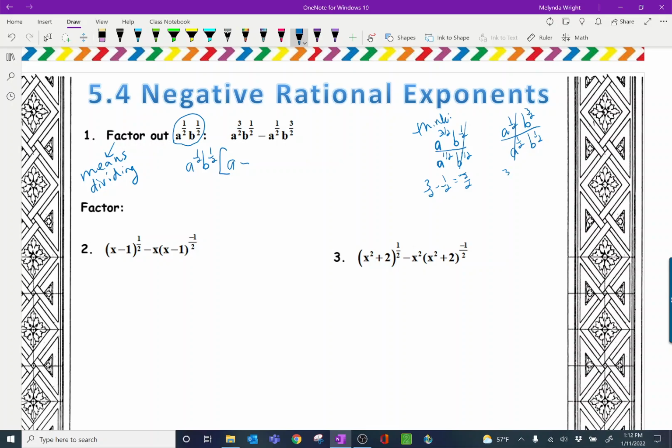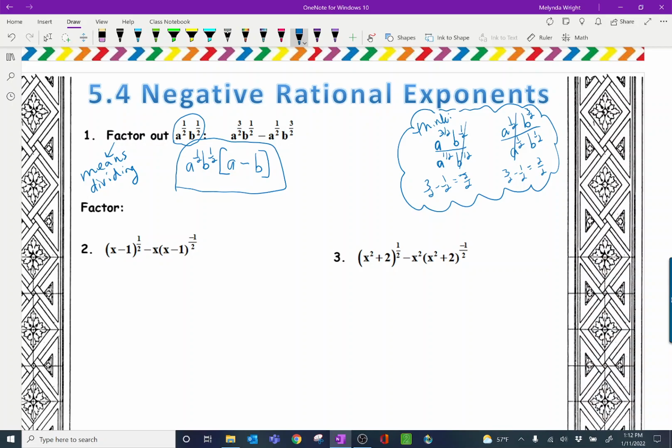So we would say 3/2 minus 1/2 is 2/2, or 1. And so that's the thinking that we would go through in order to complete this task. I'm just going to put those in bubbles. You don't have to write all that out. I just want to help you think through what it is that we're doing.